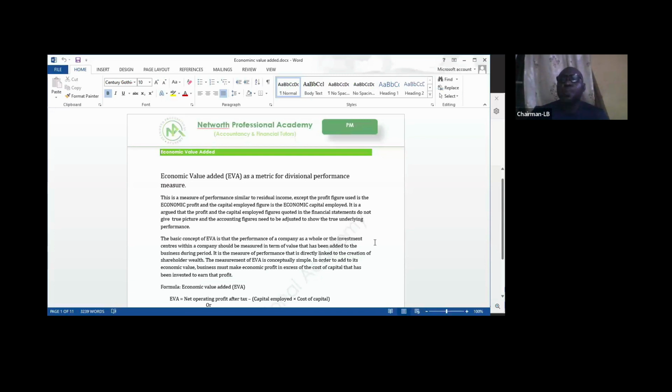A good example is Dangote, where you have a company being segmented or structured along divisional segments or sections.